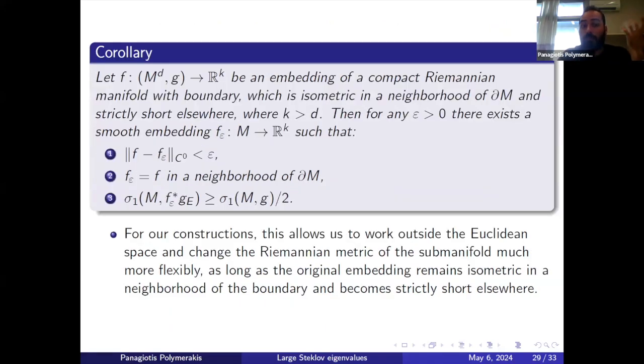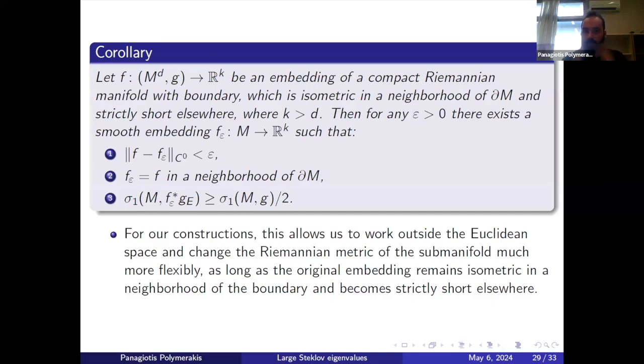Okay, so in particular, Steklov eigenvalues are uniformly comparable. So with this approximation, we get that the first eigenvalue of the submanifolds that we see in space is actually comparable to the first Steklov eigenvalue of M with its Riemannian metric outside the Euclidean space.